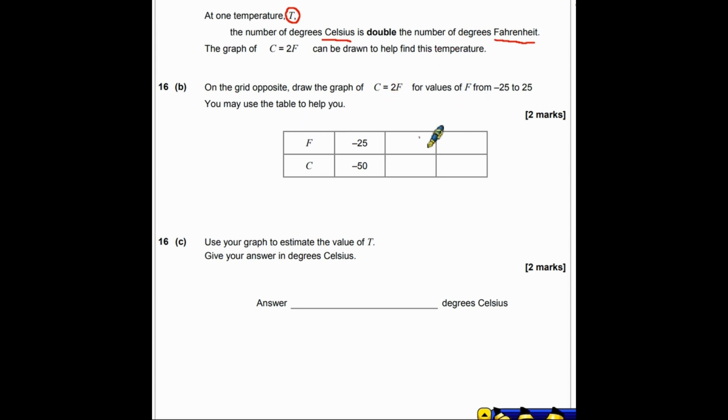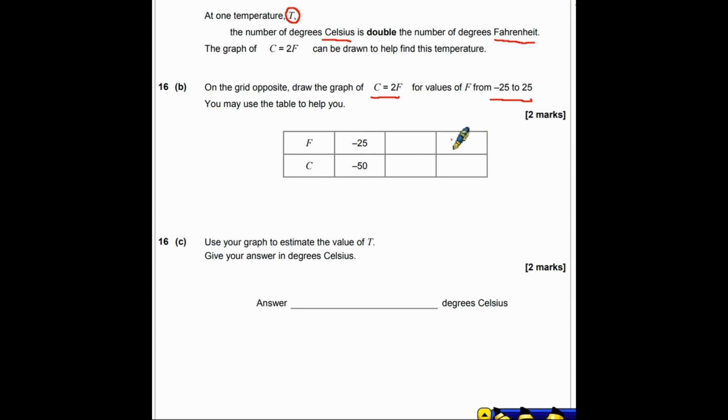So let's first of all complete this table, given what we're asked for here. On the table, we have to draw in C equals 2F, for the values minus 25 to 25. Well, they've started us off. Minus 25, 2 times minus 25 is minus 50.